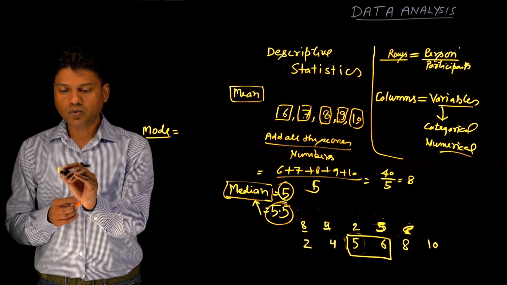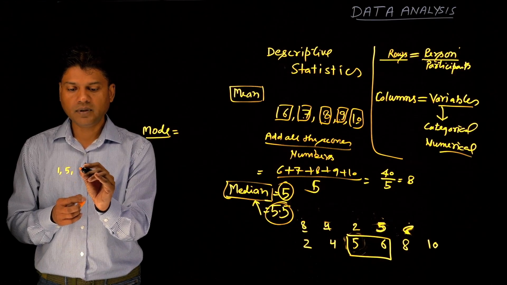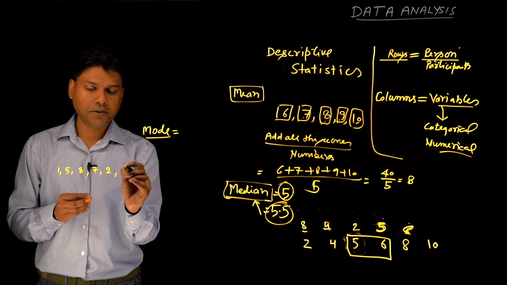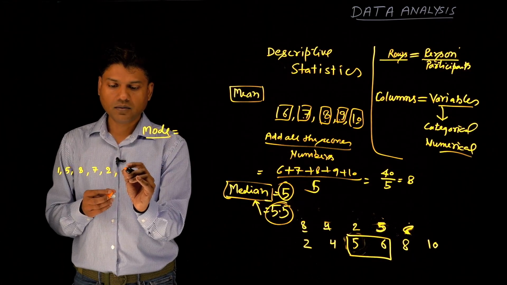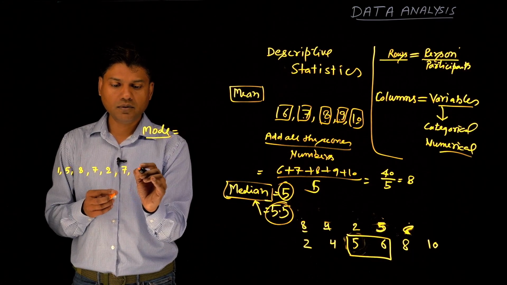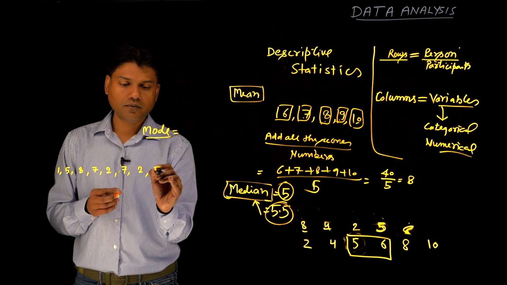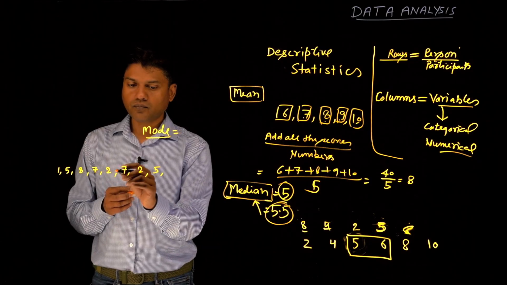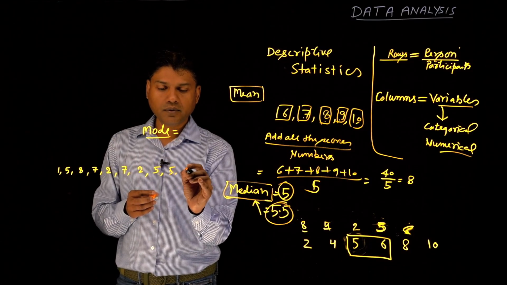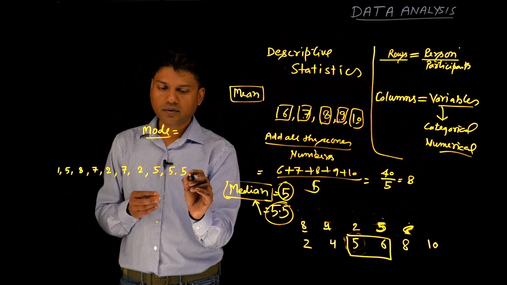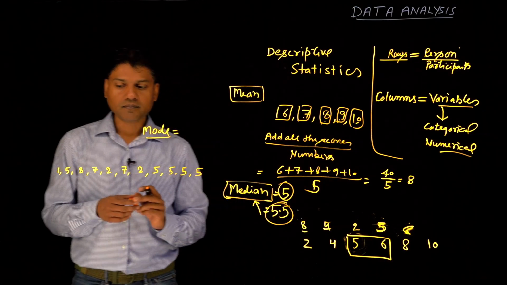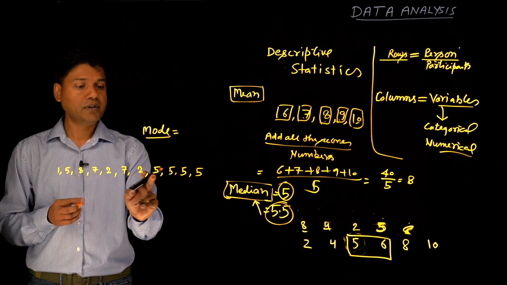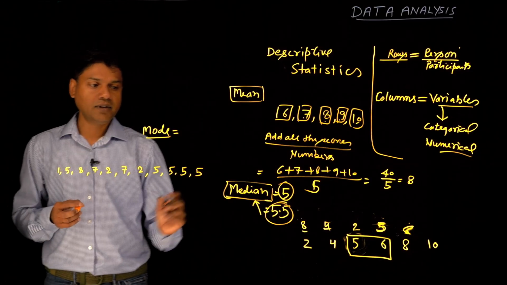Let's say I have scores 1, 5, 8, 7, 2, and then 7, 2, 5, another 5, another 5, another 5. So how many students are in this data set? 1, 2, 3, 4, 5, 6, 7, 8, 9, 10, 11. We have 11 people here.